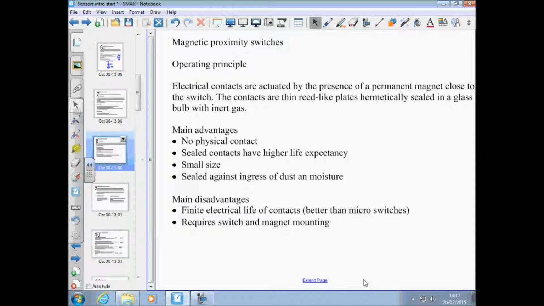Sealed contacts have a higher life expectancy. They've got a small size and are sealed against ingress of dust and moisture. They do still have a finite electrical life, the contacts, and they require a switch and magnet mounting. Typical things will be like guard switches, where you've got these magnets that go into proximity of the switch and actually switch the reed switch over.